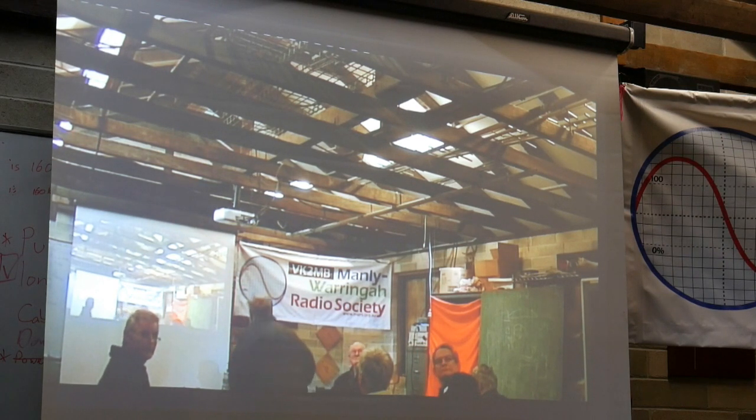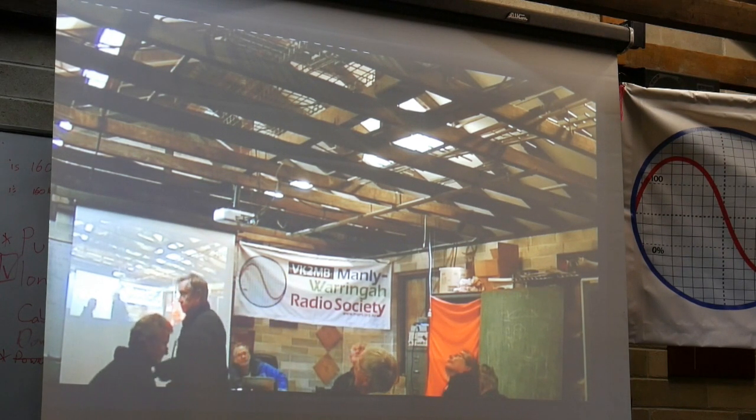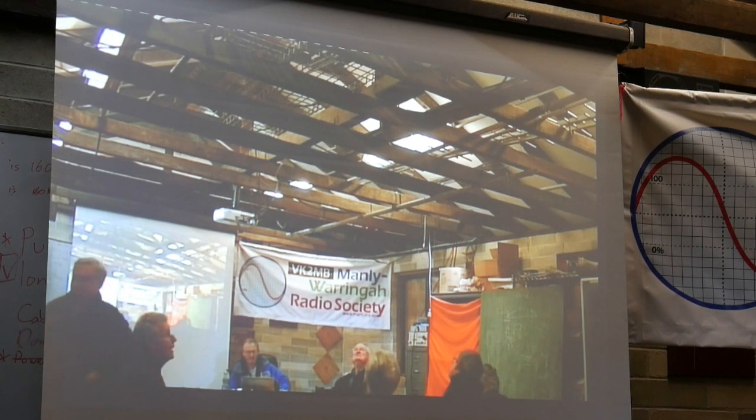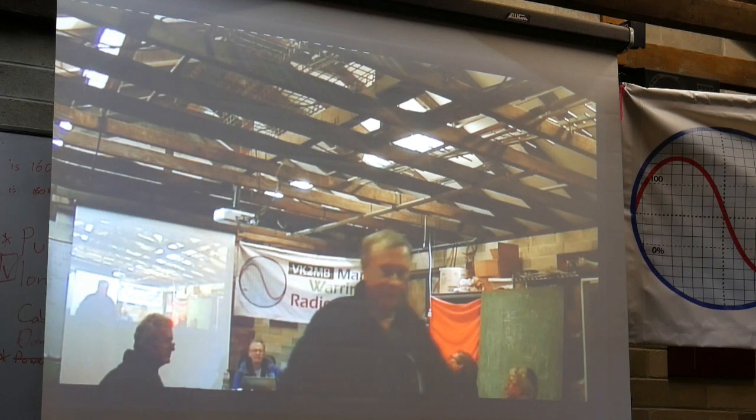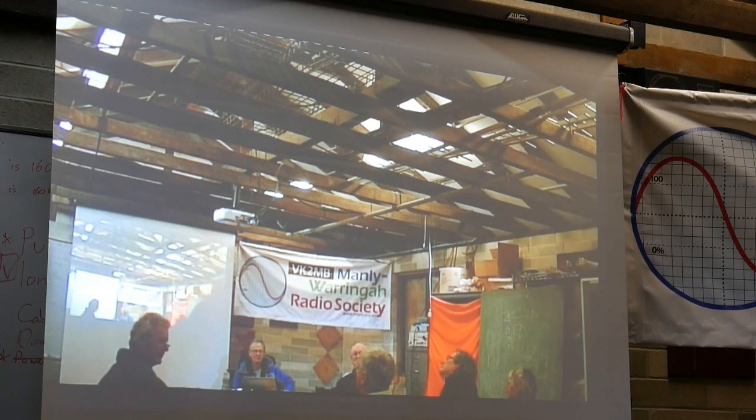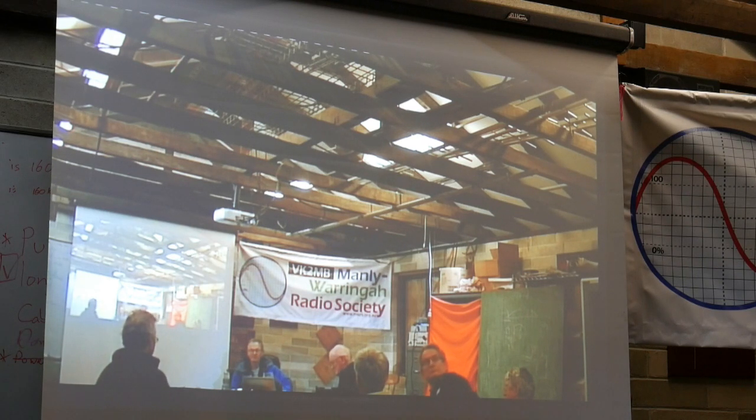I think the only 70 centimetre we've got is that long beam. I don't think we've got any panels. We've got a big panel antenna that we used on 70 cm and 23, but it's up in the Blue Mountains. We're not moving it until we're certain we've got a site and if we can do anything with it.